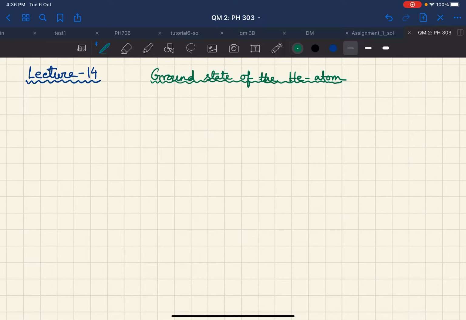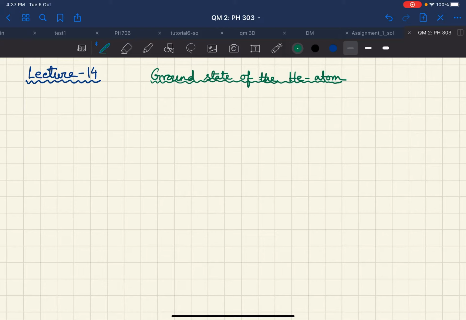Secondly, in the process of solving this problem, at some point we are also going to apply perturbation theory techniques to figure out what estimate of the ground state energy we get, and then compare our result with what we have obtained using variational methods.